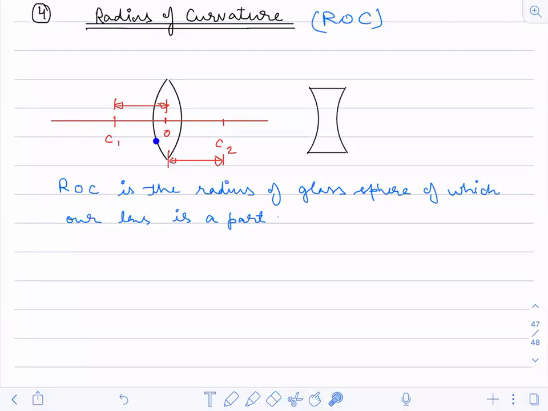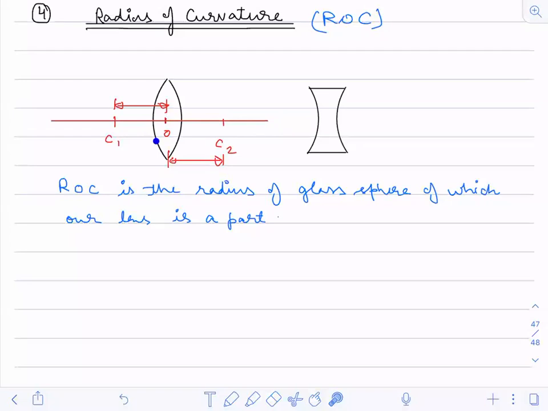In complete optics, in class 9, class 8, you will study in class 10 also, and class 12 also, everywhere the distance has to be calculated from the optical center only. So what is radius of curvature?